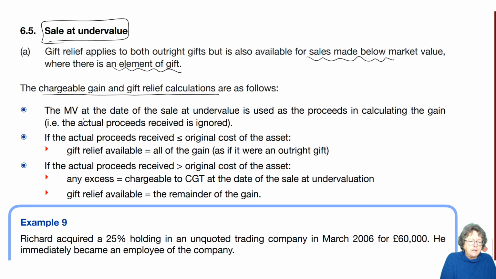The market value at the date of the sale at undervalue is used as the proceeds in calculating the gain. So we use market value less cost.